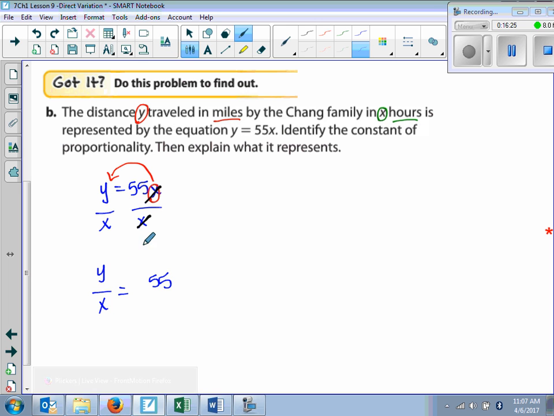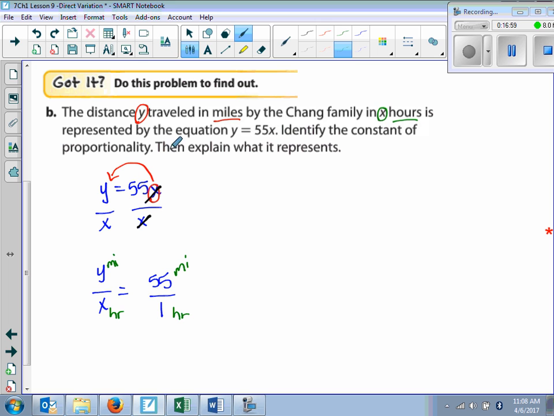Okay? Now, once again, the y represents miles, right? And the x represents hours. So if I want to put this 55 in the form a over b, I can just put it over 1, right? So the 55 represents miles, and the 1 represents the hour.